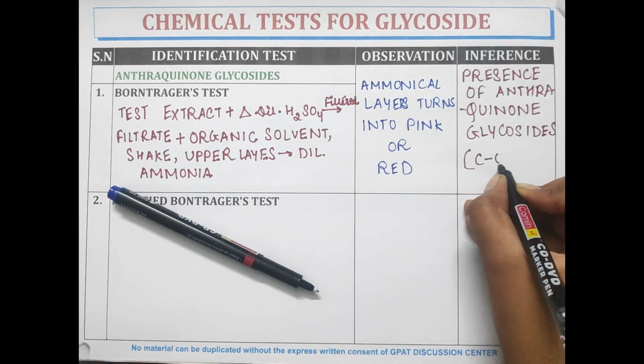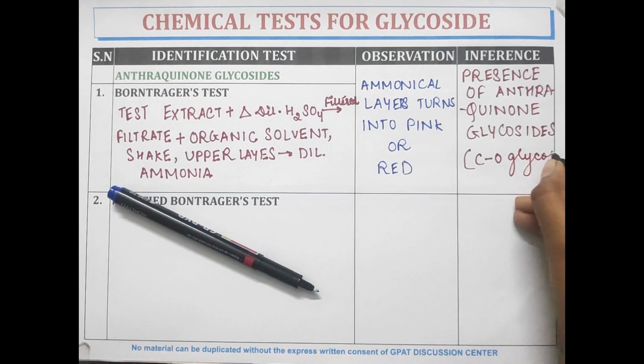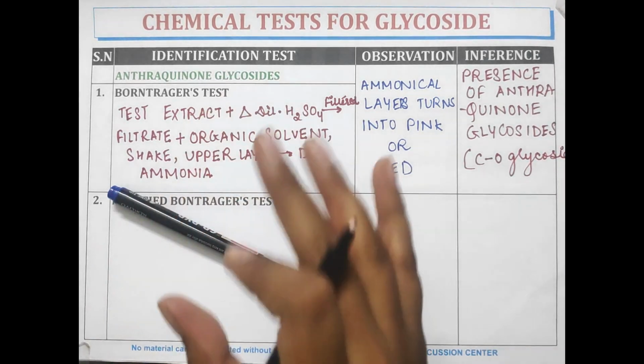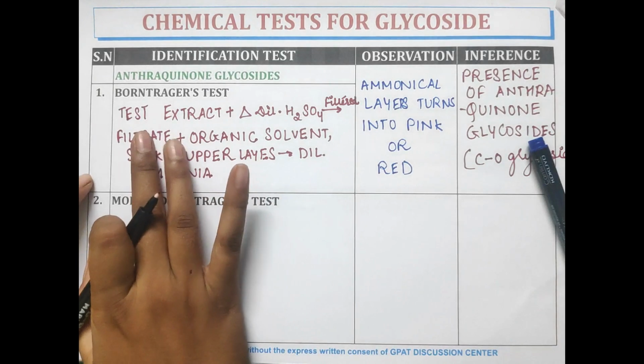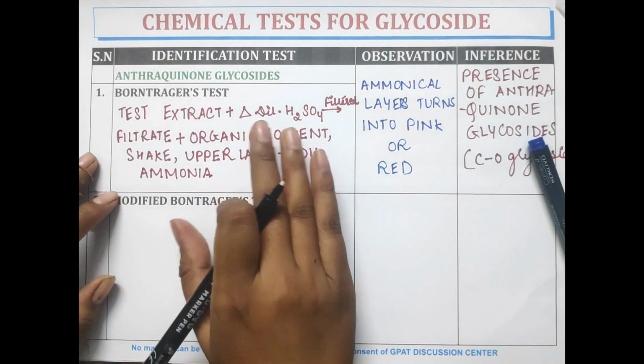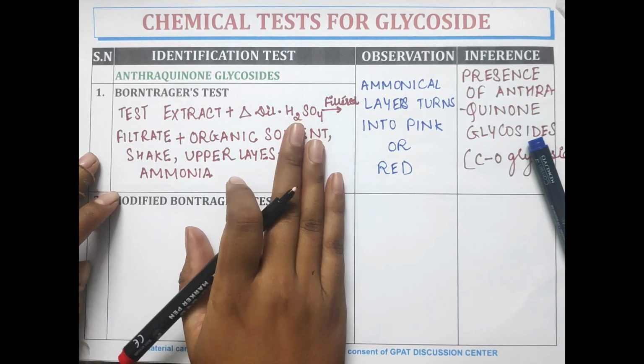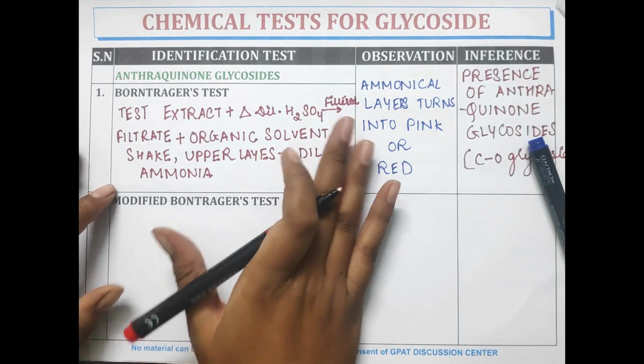In Bontrager test, the extract which is to be identified is boiled with dilute sulfuric acid and filtered.